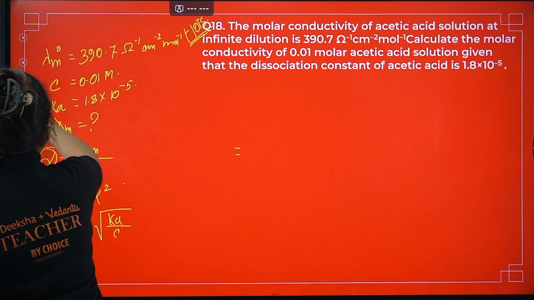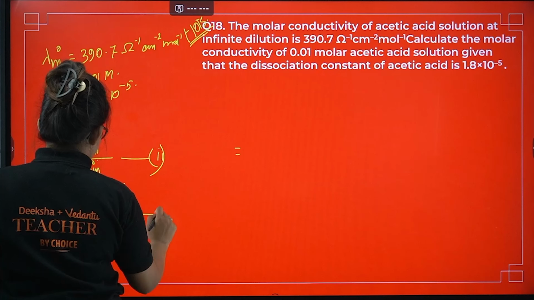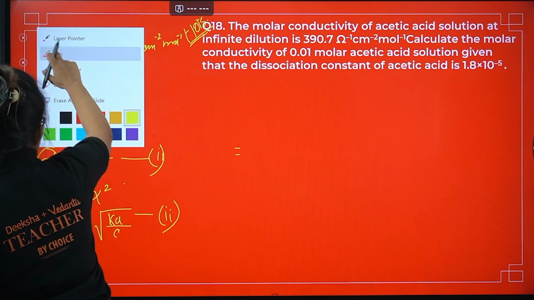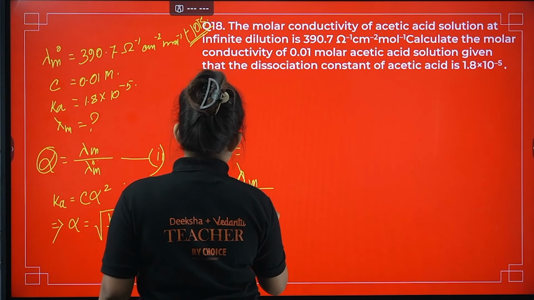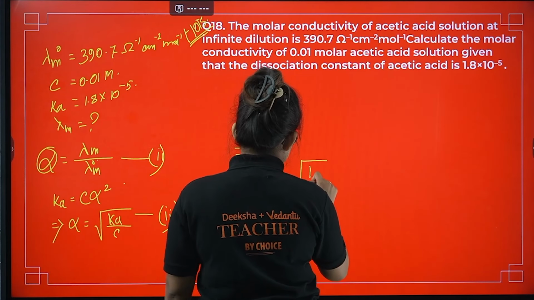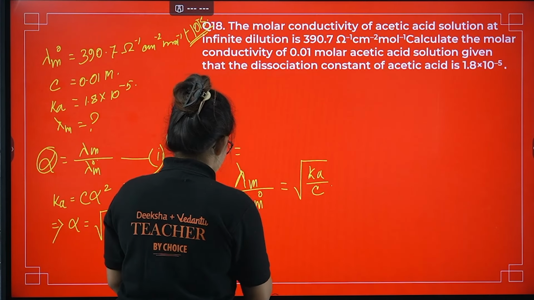If I take this as equation 1 and that as equation 2, then we can compare the equations. So how should I compare? Lambda m divided by lambda m0 is going to be under root Ka by C. Let's put the value here.